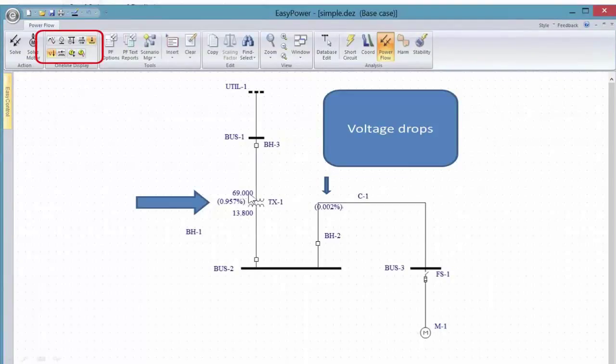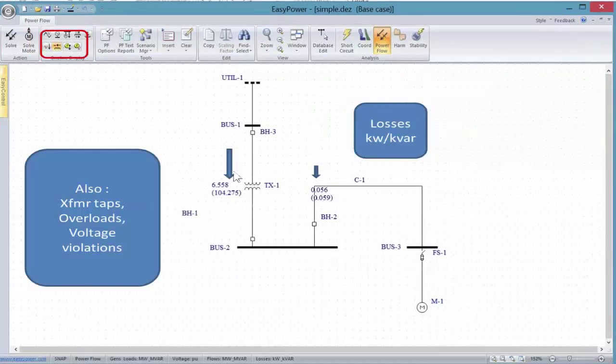Likewise, we can see voltage drops across these same elements. In this case, we're seeing almost a 1% drop in voltage across the transformer, and just a minor negligible drop through this cable in this simple one-line diagram. And likewise, we can see transformer taps, overloads, voltage violations, and as important as anything will be the ability to pinpoint losses that may be in reactive power or in real power.